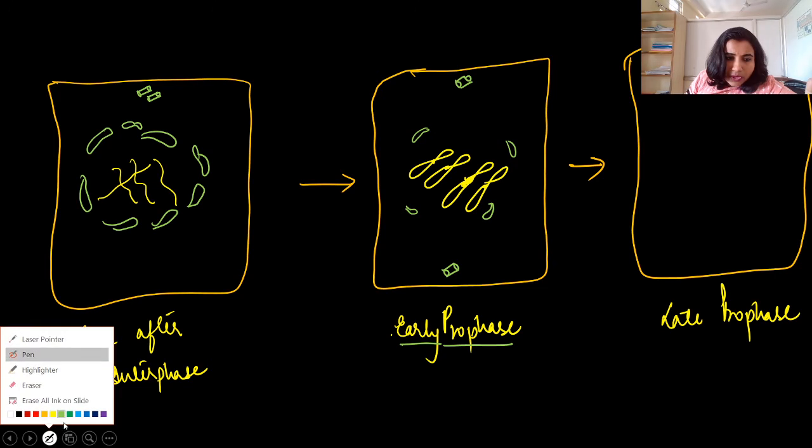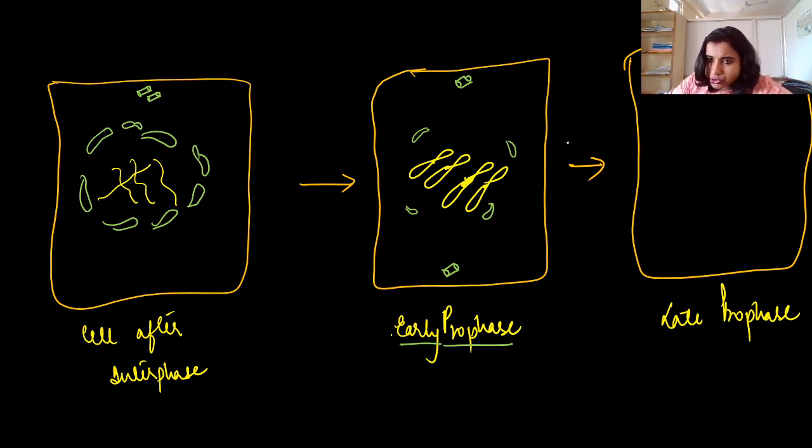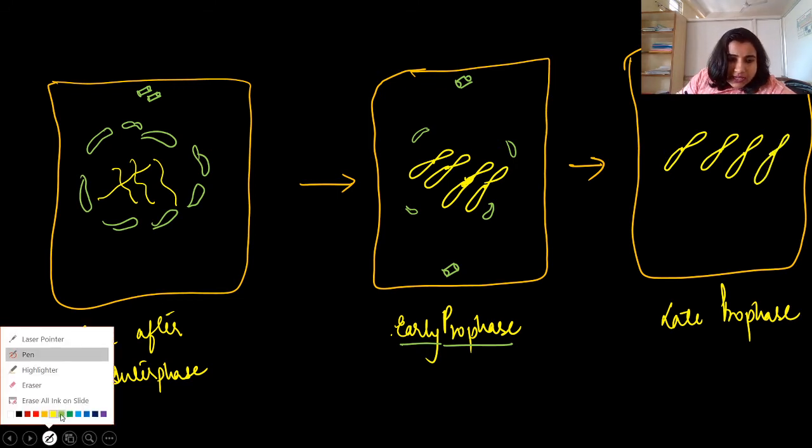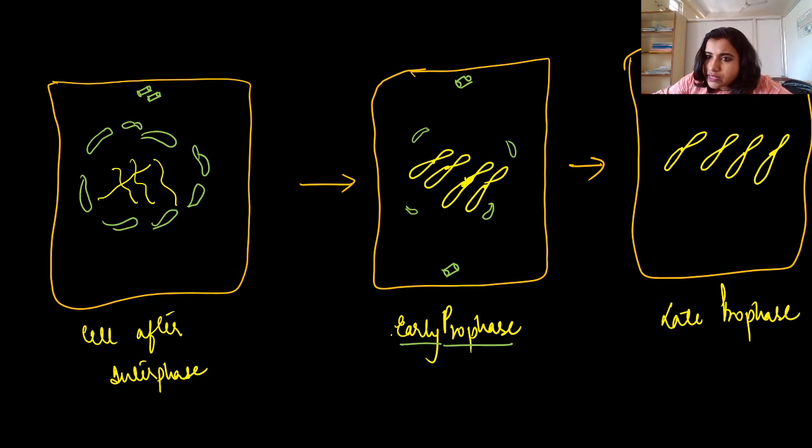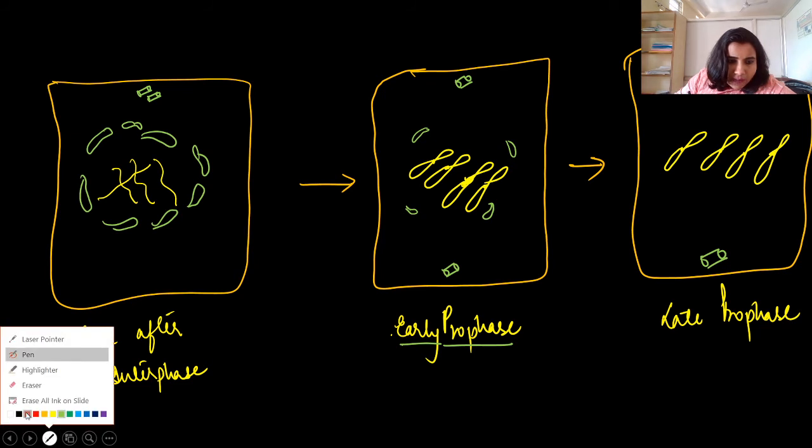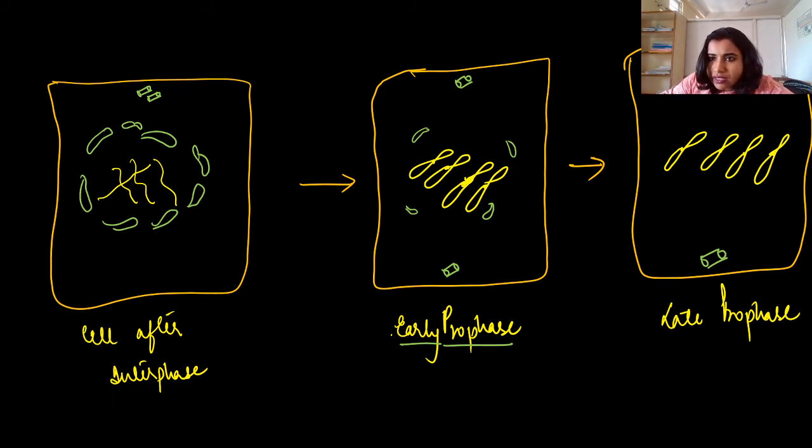In late prophase, what will happen? The nuclear membrane is completely dissociated. So there will be no nuclear membrane, but these chromosomes will be present. Clear? And the centriole, which has moved to the opposite pole, will start forming thread-like structures.